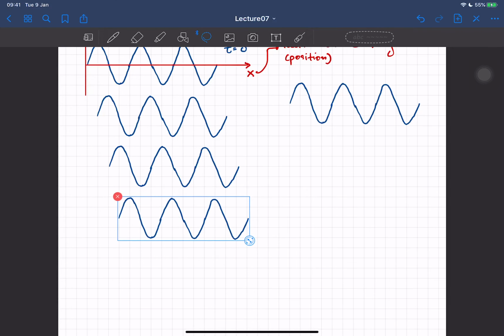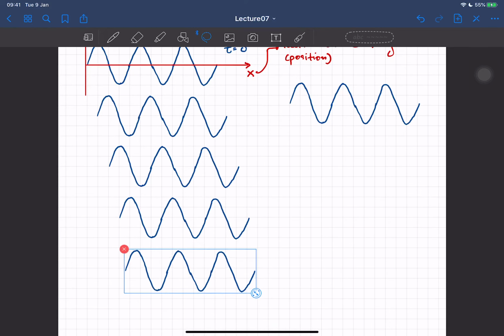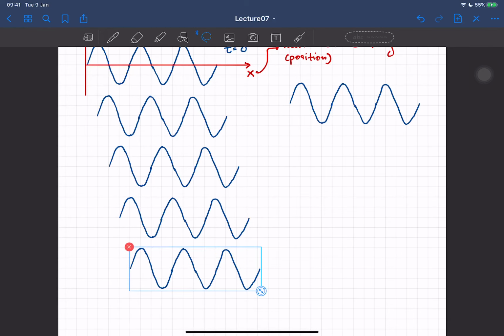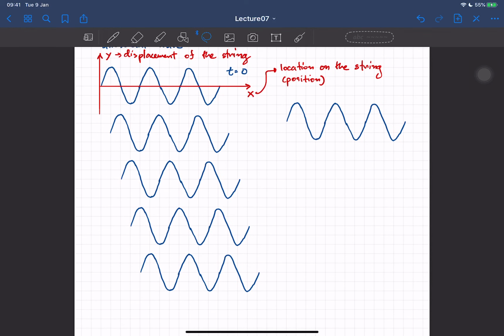So I'm just putting this in a sequence, and I'm very careful in putting it at the right spot here. And I actually need 5 pictures, which I have already.